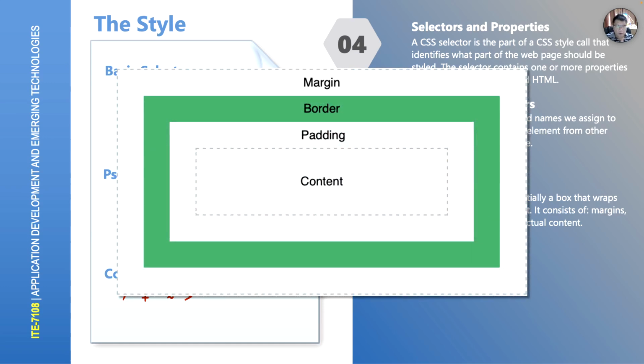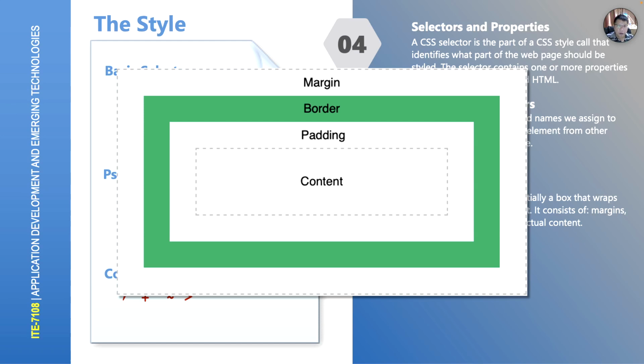The content is the content of the box where the text or images appear. The padding clears an area around the content, between the content and the border. The padding is normally transparent.